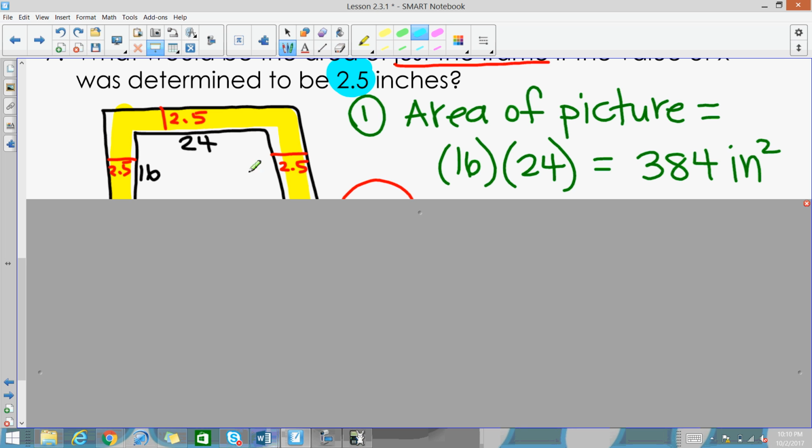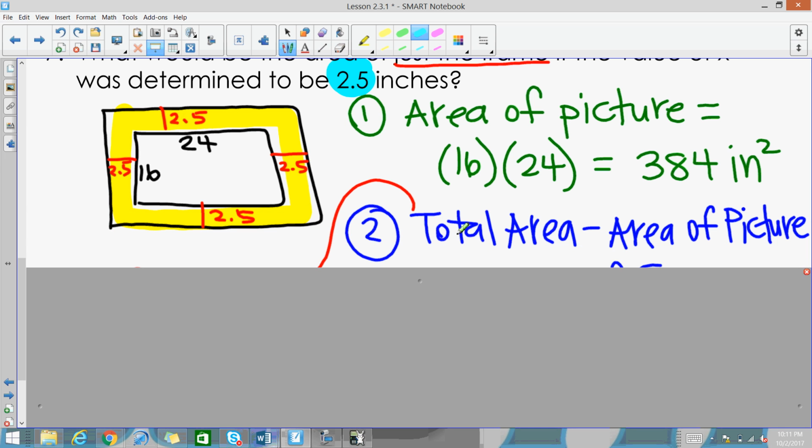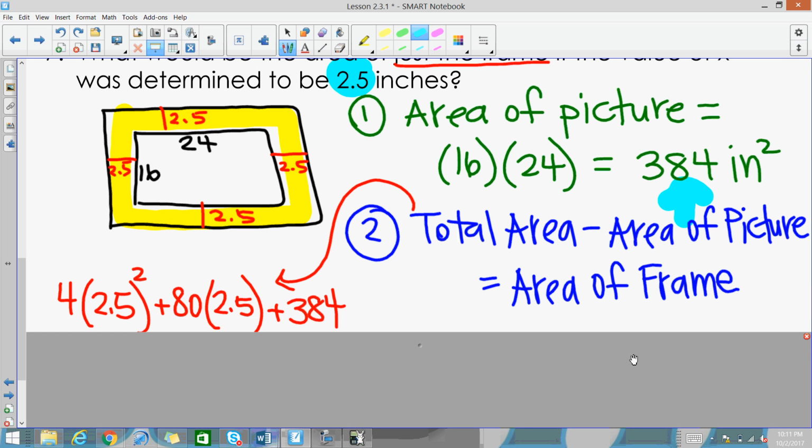That's the middle. Then, if we don't want the middle, we want that picture removed from here because we just want the frame, we're going to take our total area, which we just found in problem 6, minus the picture, 384, and that's how you get the area of the frame.